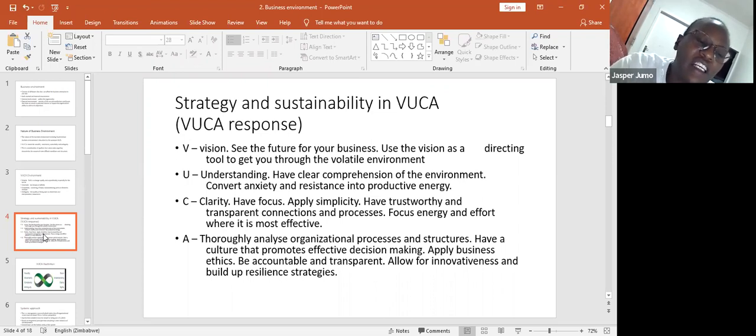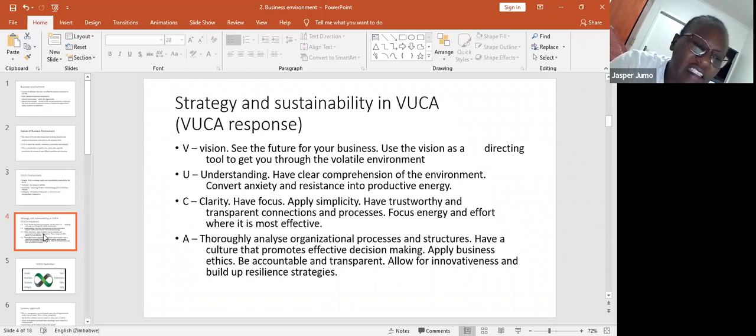Remember, a vision is something that you see for your business for the future. It's a futuristic view that you have of your business. You are saying, okay, I have opened my business today. I am selling scones at the corner where people pass by as they are going to work.